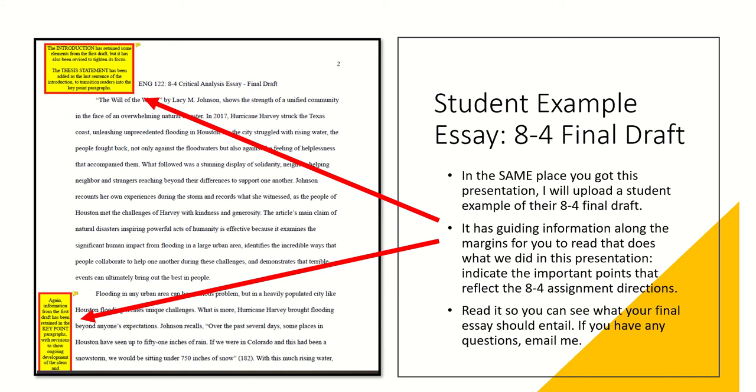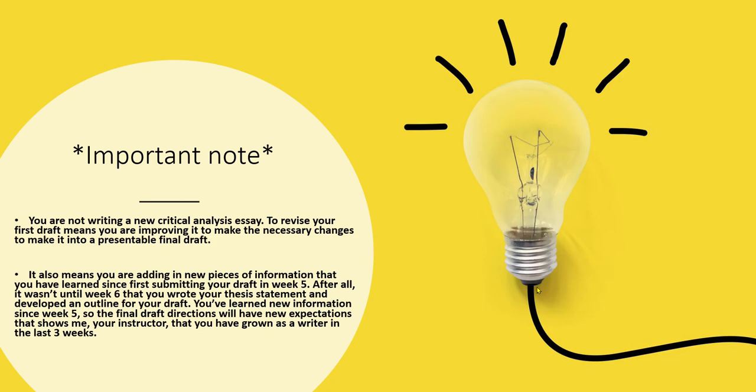And if you have any questions, please feel free to contact me. What these little boxes do is they go over very similar things that we have done in this presentation, and that is my essay following the assignment directions and the rubric and the overview and the prompt and so forth. So it's very important for you to do that.